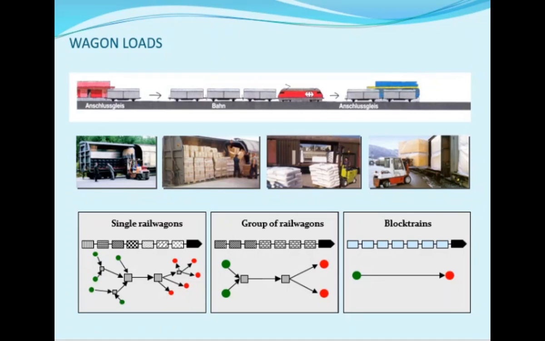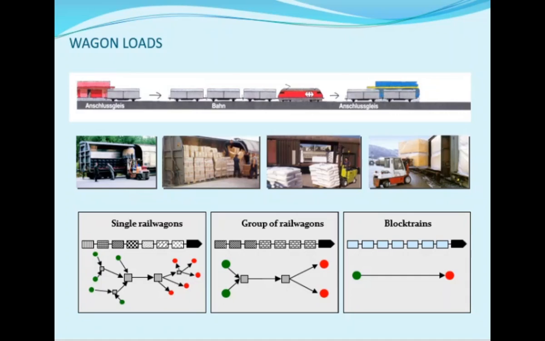This is what we call a group of rail wagons. It means they have a group of 4 of one type of wagon and a group of 3, all combined in one train with a locomotive. To do this, probably the 3 on the backside may come from different sources, and they will be carried to a particular station where maybe one group of wagons will be discharged, and then the rest would continue.